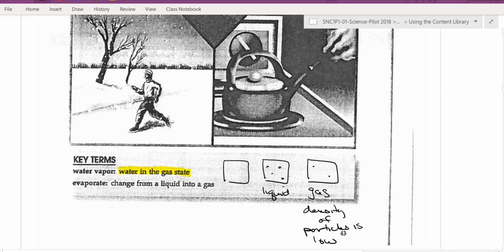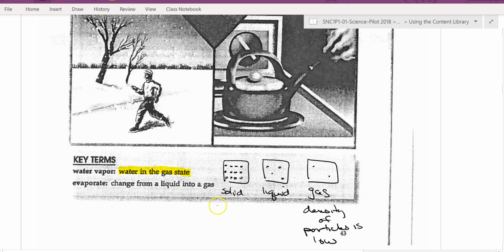Everything's tight and just vibrating like bees, not moving, but vibrating back and forth. A solid would be what? Okay, so we'll write solid here. For a solid, I would have a lot more of them, and they're going to be nicely lined up. So the solid's got the most density.